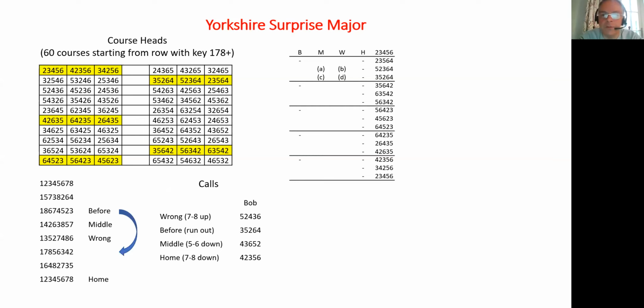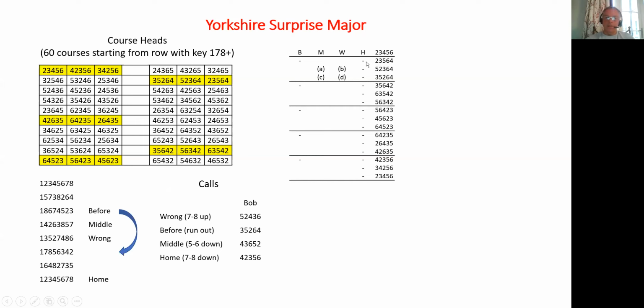So on the right hand side here, I've made a stab at beginning putting together a 5-part composition of Yorkshire. In my first course, I've called a Bob before straight away, so I have my short course immediately. The Bob before gives us a transposition of 35264 to the course.